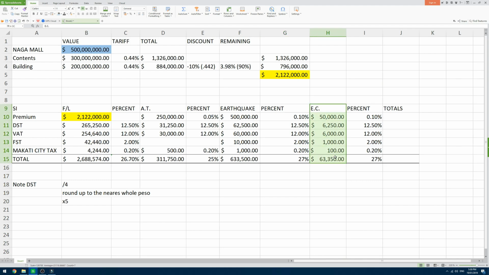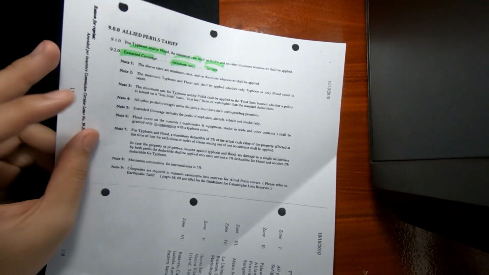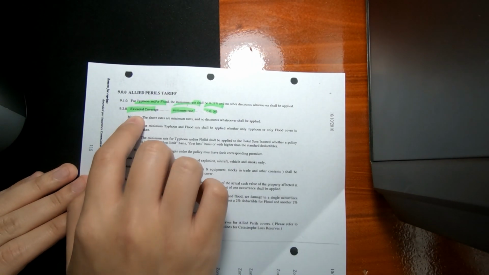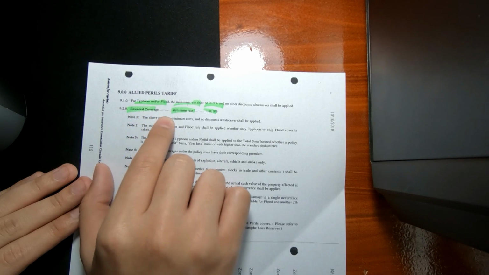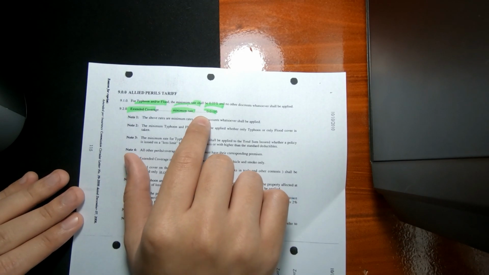The last one is the extended coverage that he told us about and taught us. Extended coverage is easy. Same with the earthquake insurance, it's also in the PIRA how much it is. It says, extended coverage, minimum rate of 0.0110%.